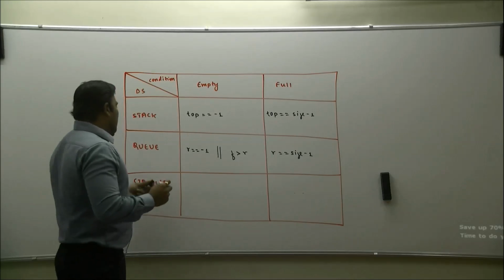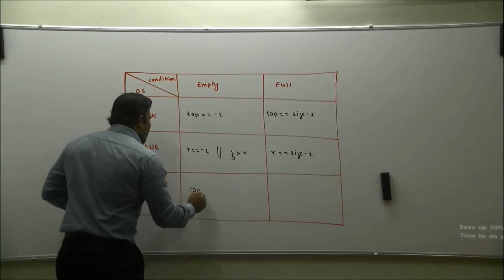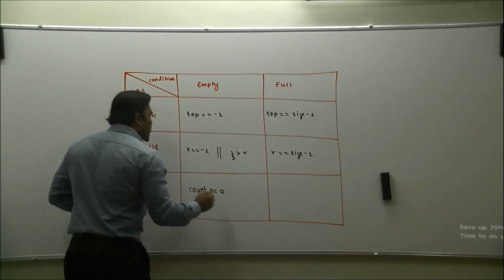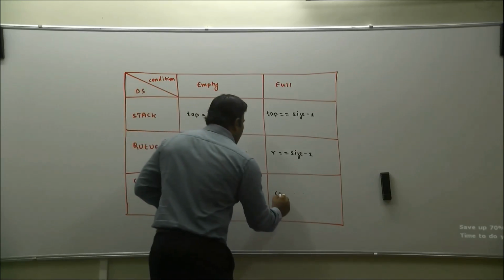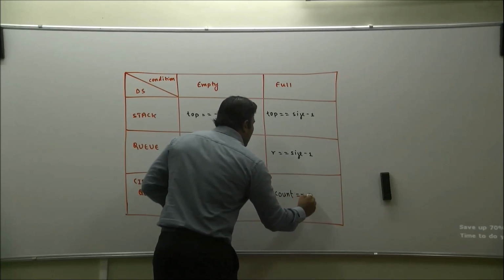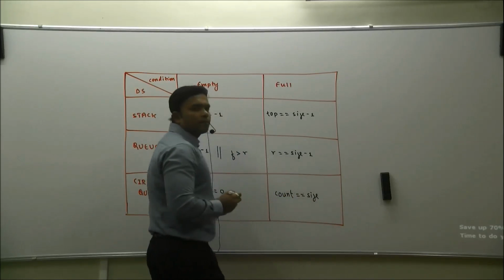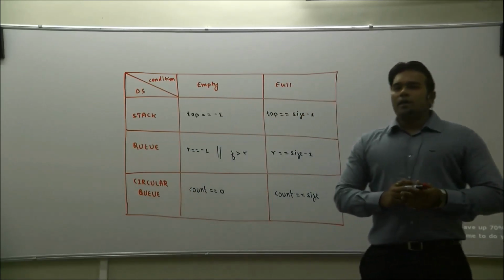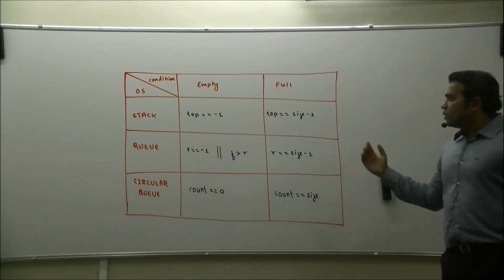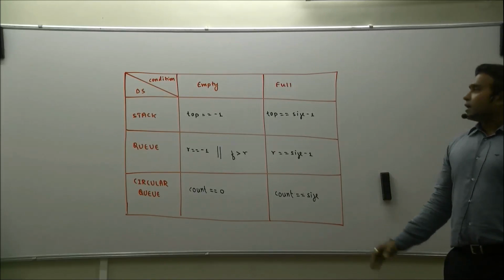Similarly, circular queue is said to be empty if count is equal to 0. Circular queue is said to be full if count is equal to size. That is when it is said to be full. I hope all of you have been able to recollect and understand this.